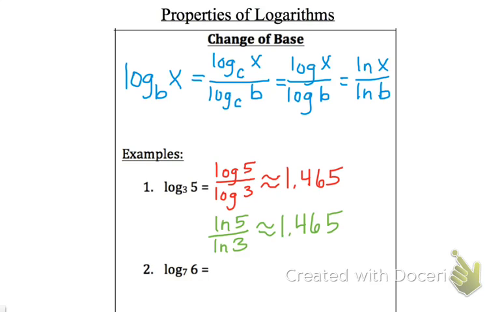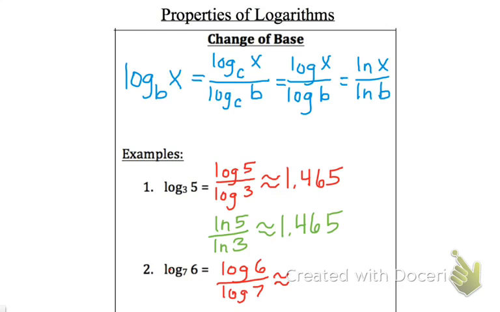And typically we apply the change of base to take a logarithm like number 2, log base 7 of 6, and rewrite it into a form where we have a calculator function, the common log calculator function, log 6 over log 7. This is an expression we can plug into the calculator to get a value for, whereas the log base 7 of 6, the way it was originally written, we don't have a log base 7 button in the calculator.